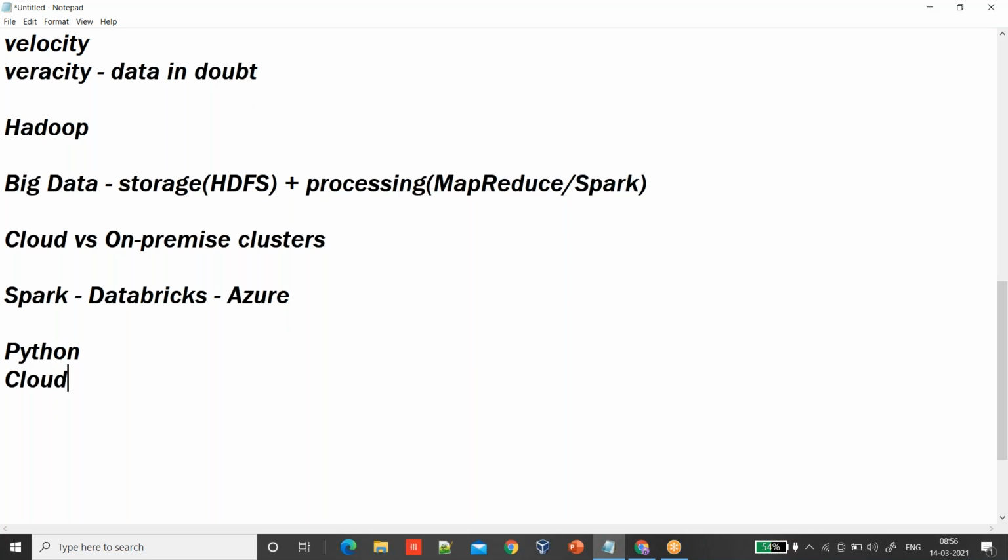So at least you should understand what exactly cloud is and the different services available in cloud. Just because you are learning Azure, you should also have some knowledge of the services provided by Azure. Okay, so I'll be focusing on these things for a couple of sessions or three sessions to understand this.